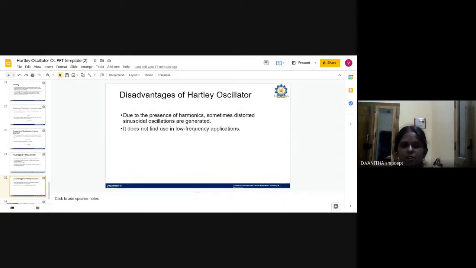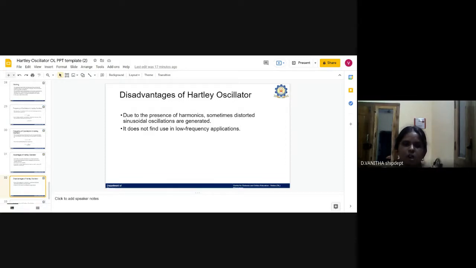The disadvantages of Hartley oscillators include that due to the presence of harmonics, sometimes distorted sinusoidal oscillations are generated.